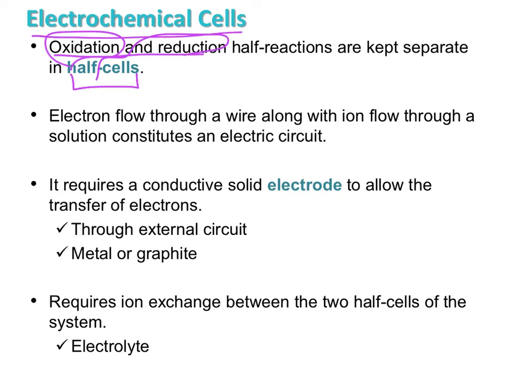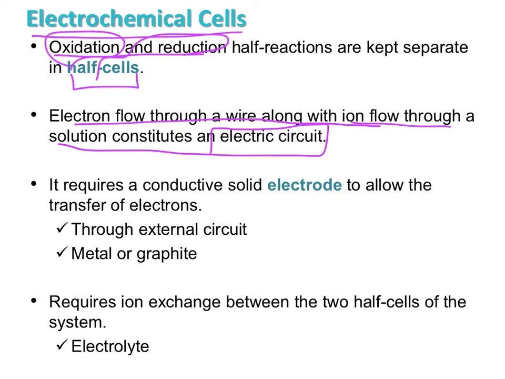Our electrons will flow through a wire above these two, they're typically solutions, but you will also need ion flow through these solutions as well. Overall, this will make a circuit. So you will have a full circuit around, so it's closed off.